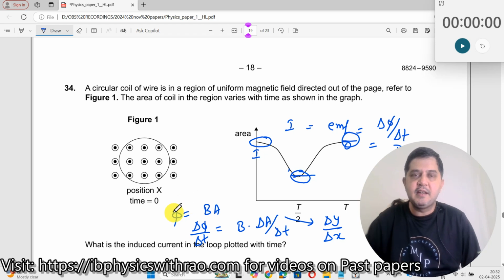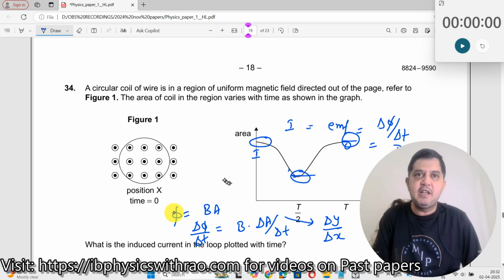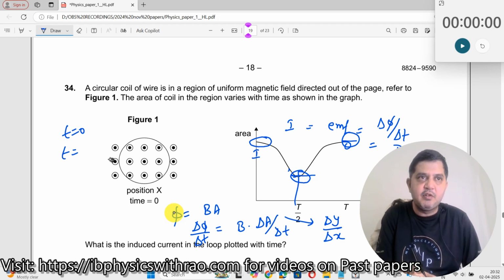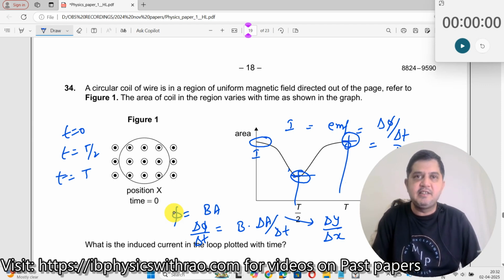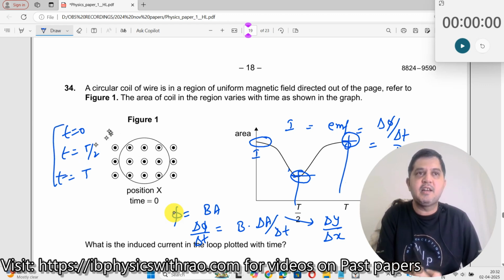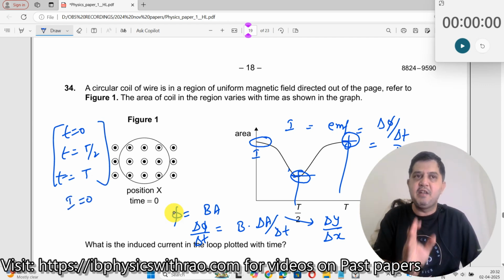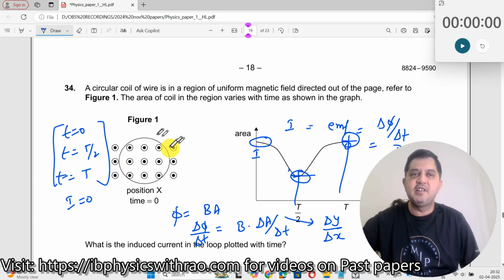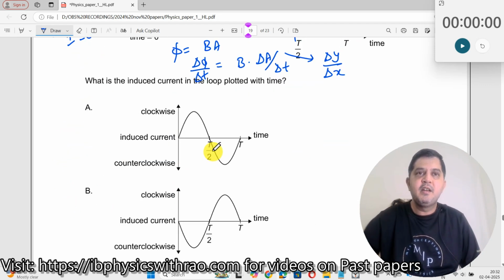Therefore I need the current to be 0 at t equal to 0, at t equal to T by 2, and at t equal to T. Let us find out which curve will obey this.